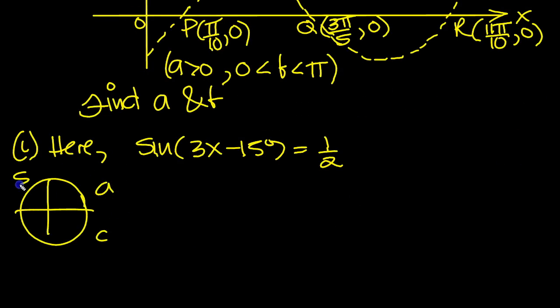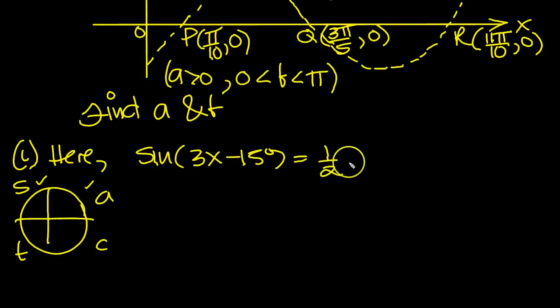CAST, and sine is positive here and here. X lies between 0 and 180, so 0 is less than or equal to 3x, multiplying by 3 all the way through, which is less than or equal to 540.